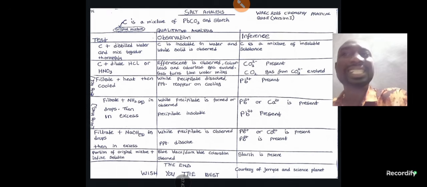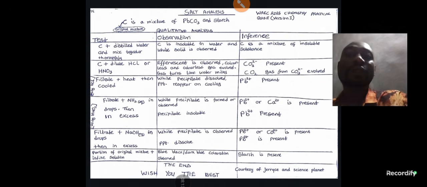Now, when you add in excess, the precipitate will be insoluble. So when you add ammonia in drops, at the inference you write lead ion or calcium ion is present, because these are the two ions that have this kind of property with ammonia. But when you add in excess, the precipitate will be insoluble, confirming lead. So it confirms that lead is present.